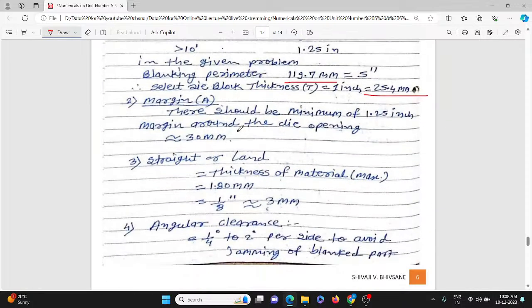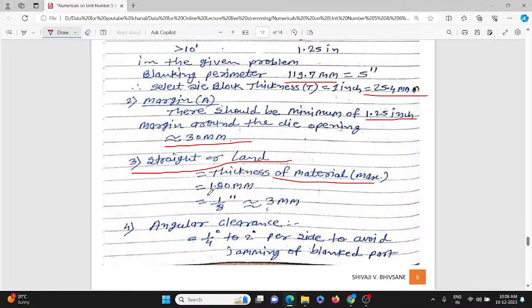Again you can see the margin can be calculated. There should be a minimum of 1.25 inch margin around the die opening, that is expected. So 1.25 inch, converted into mm, is around 30 mm. The next point is the straight or the land, which equals the thickness of the material at maximum.